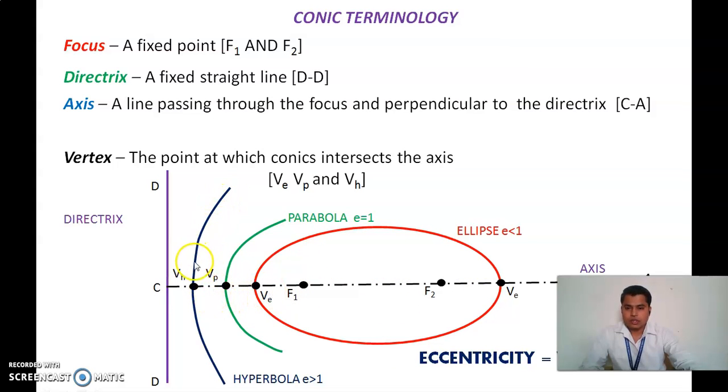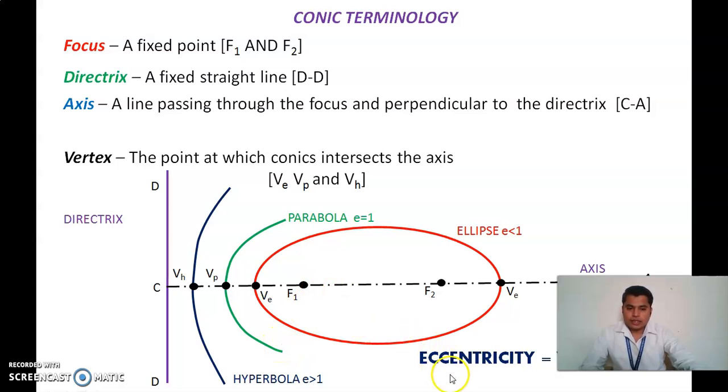This hyperbola is intersecting the axis at point VH. This parabola with the green color is intersecting the axis at point VP. This ellipse with the red color intersects the horizontal axis at point VE. So the curves intersecting the axis at some point, that point is called the vertex. I think it is clear to you now.